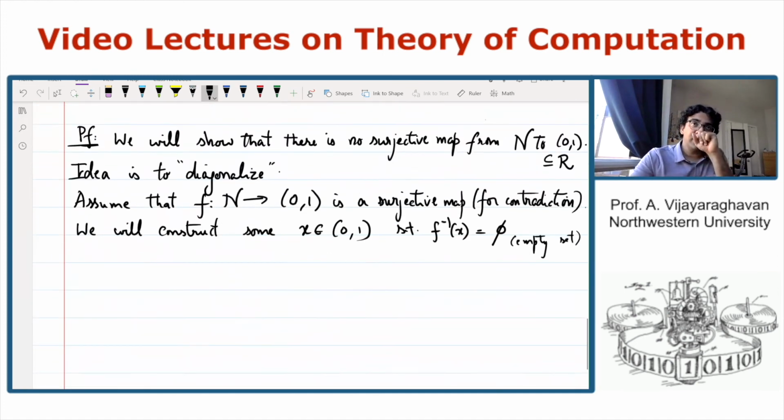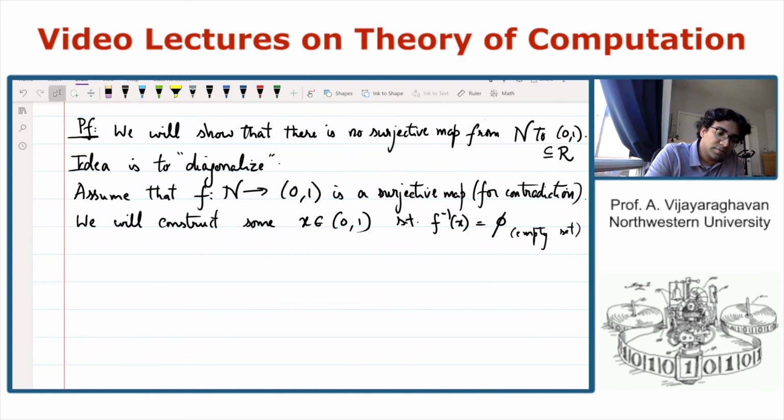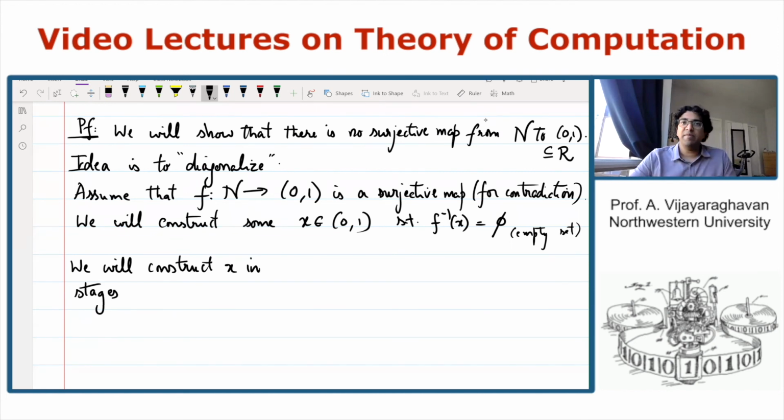And we'll construct x in stages. We want to construct this x so that f of 1 is not equal to x, f of 2 is not equal to x, and similarly, f of no natural number is equal to x.